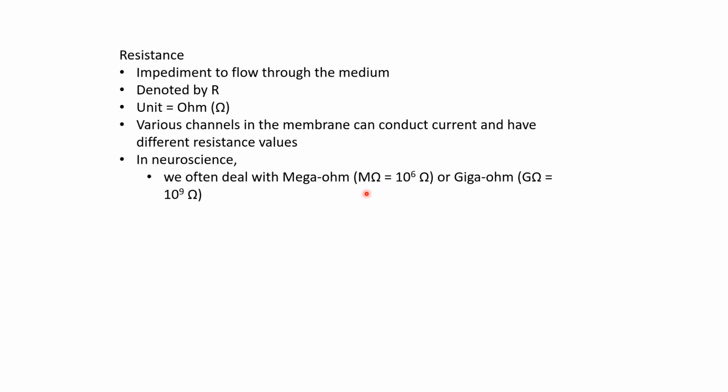We can see resistances that are on the order of 1 million to 1 billion or even more ohms. 1 million ohm is also known as a mega ohm, and 1 billion ohm is also known as a giga ohm. So we typically say the resistances are in mega ohms or giga ohms.